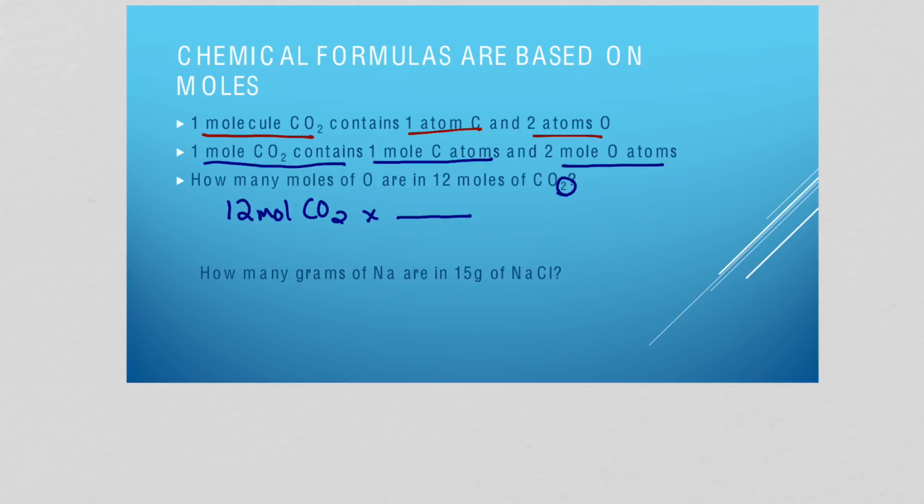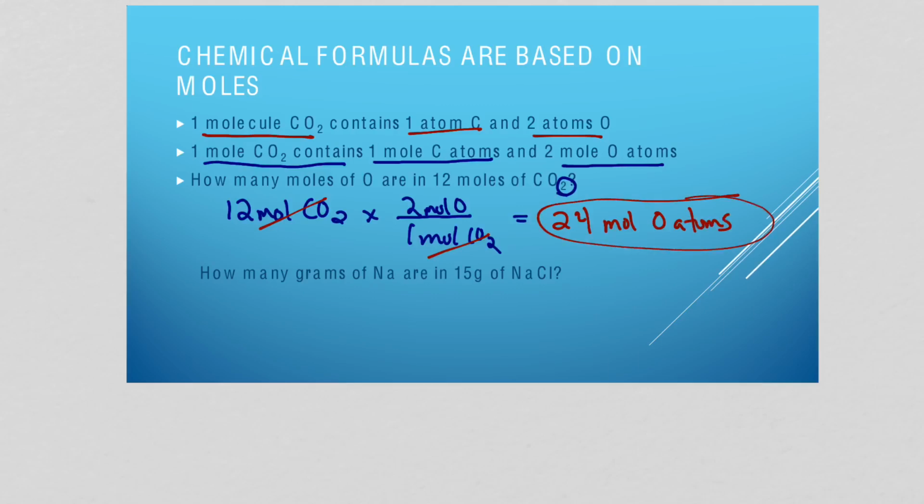So every 1 mole of CO2 contains 2 moles of oxygen. My moles of CO2 cancel, and if I do my math, I end up with 24 moles of oxygen atoms in 12 moles of CO2.